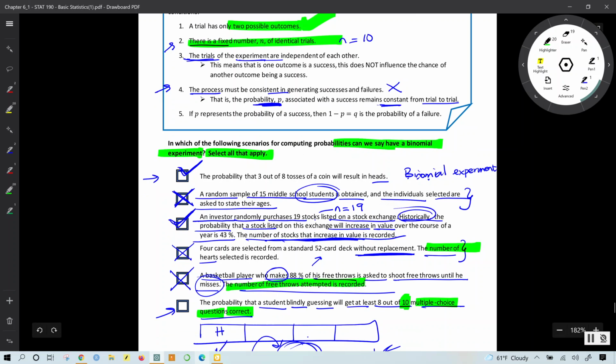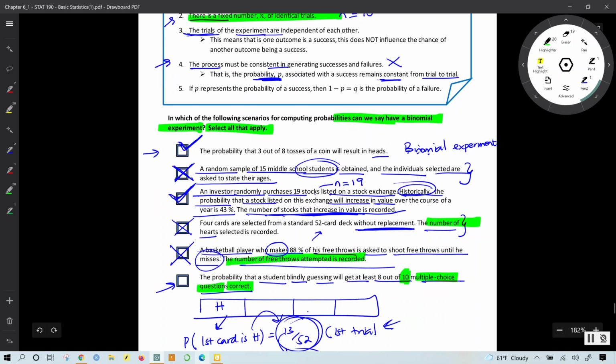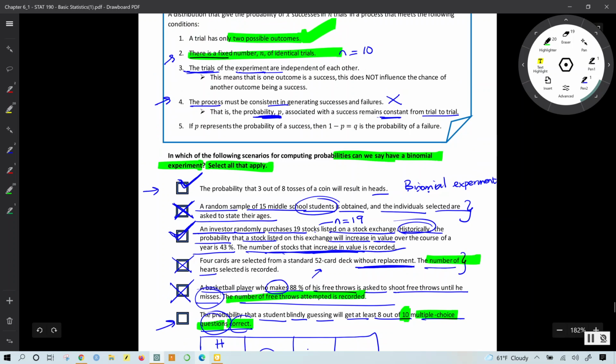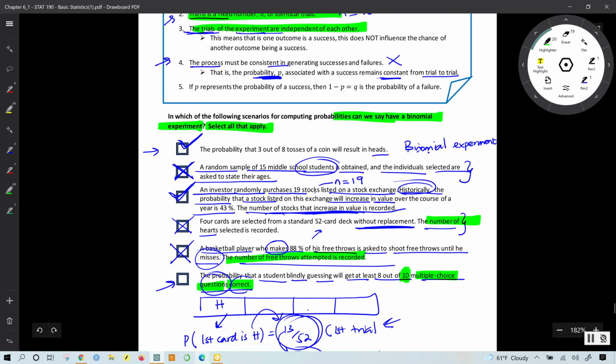Then, what about the trials of the experiment? Every time he is guessing each question, what he guesses for the previous question does not dictate what he gets on the next question. So the trials are definitely independent of each other. Then, is the probability of success constant from one question to another?